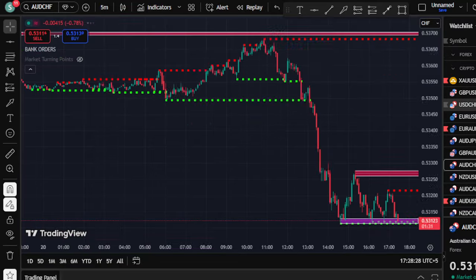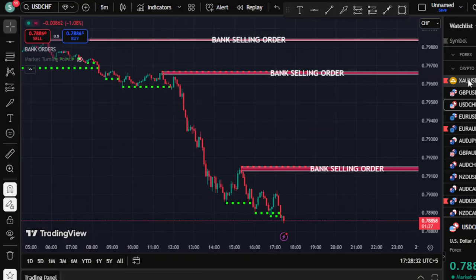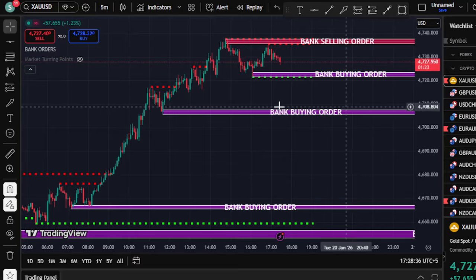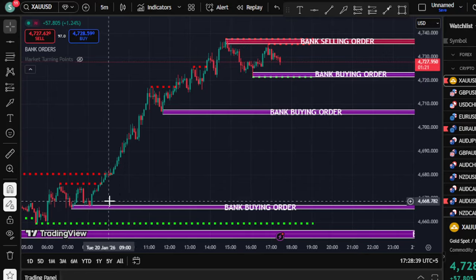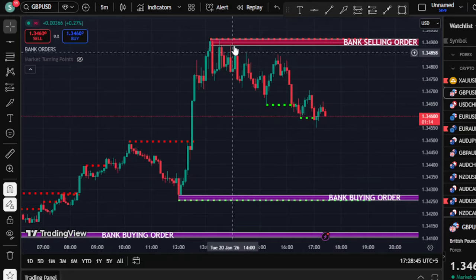We trade the first retest only. Those levels which are not retested, do not plan to take any kind of buy position in that case. For example, these levels are not retested. Yes, this was created, retested, and see, gold simply moved to the upward side. This level is retested, and you can see the price is down.